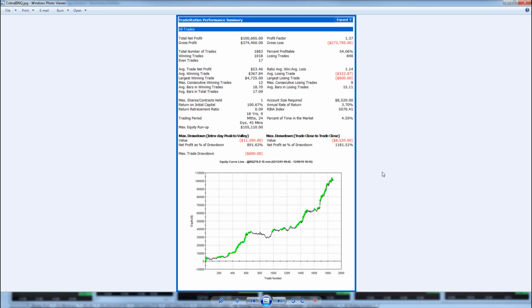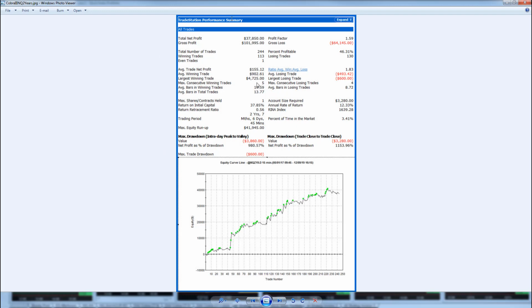Here is Cobra 3 E-mini NASDAQ, 53.46 in recent years though. The last 2 years we see 155.12, and you see the recent drawdown, and I'm okay with that because this is exactly the type of strategy we're talking about, a strategy with a tight stop loss that lets profits run. You see the largest losing trade is $600 because the stop loss is $600. The largest winning trade is $47.25.